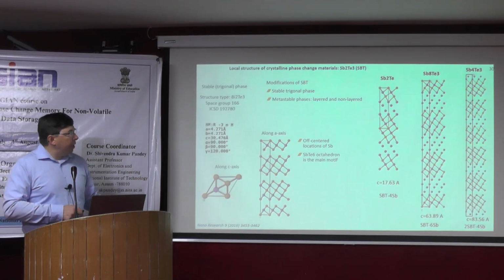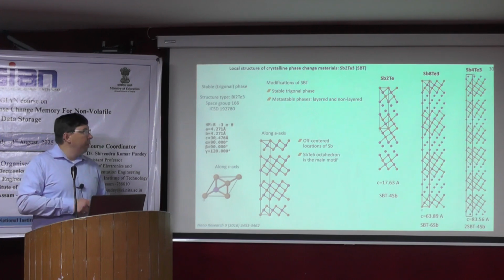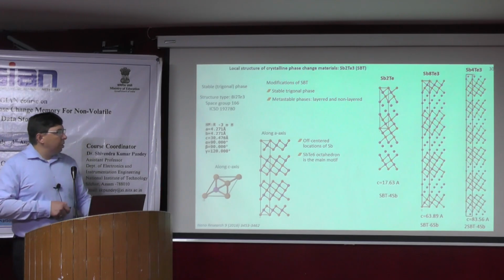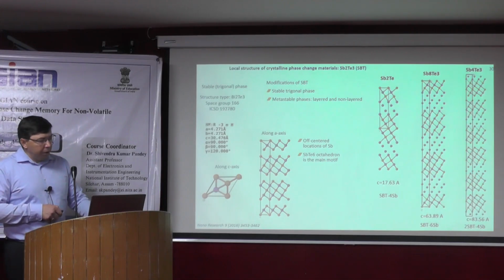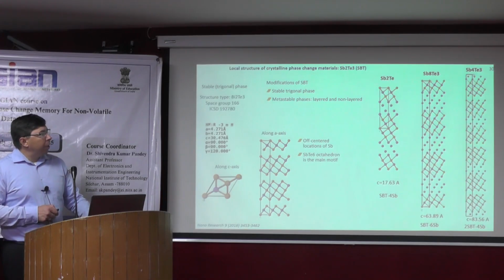There are also other phases in this system, SBT phases like Sb2Te, Sb8Te3, Sb4Te3. These may also be interesting phases that can be applied for phase change. Why are they so interesting?